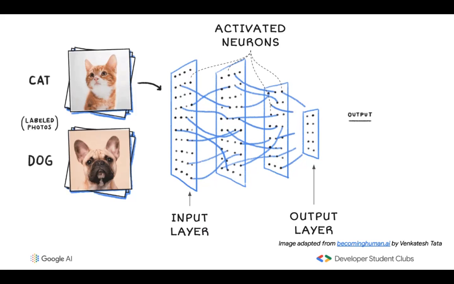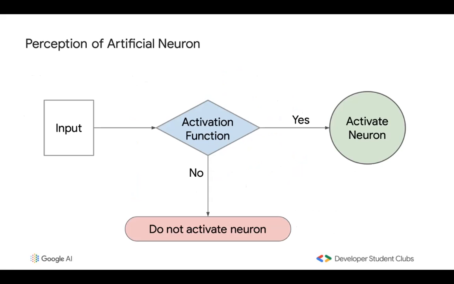Now what this diagram doesn't show is every neuron is able to learn and improve based on feedback. So now we're going to take a look at each individual neuron itself. Here's a rough schematic diagram of how an artificial neuron works. Essentially, this flowchart says that there's an input and we apply an activation function to it.